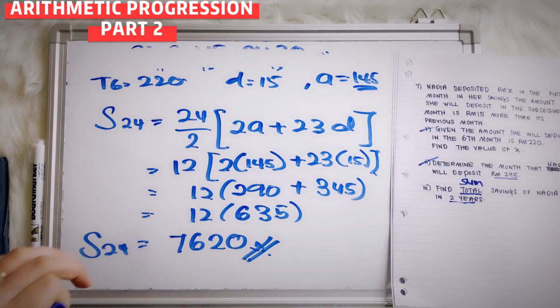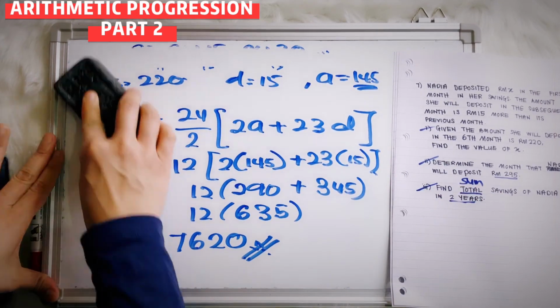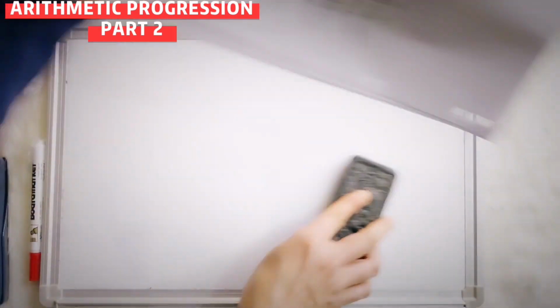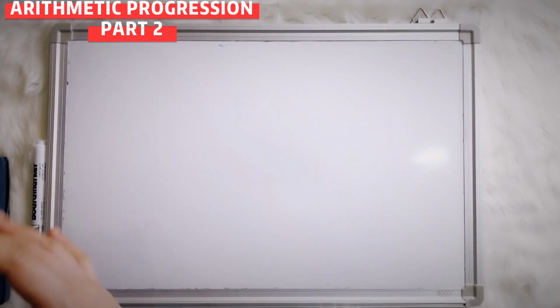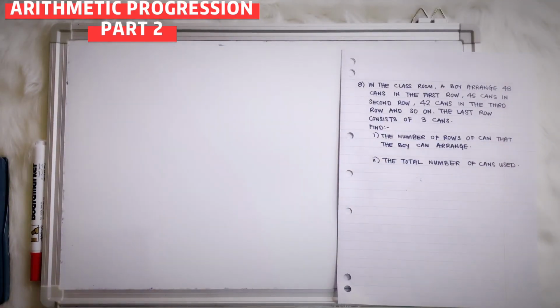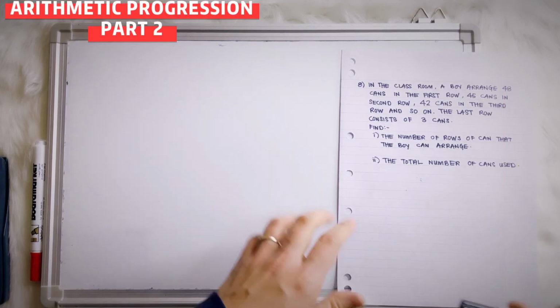Last question. Let me clear the whiteboard because the whiteboard is quite small. Alright, the last one. In the classroom, a boy arranged 48 cans in the first row.